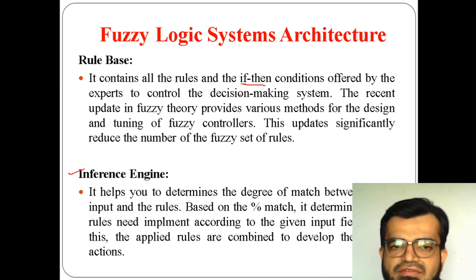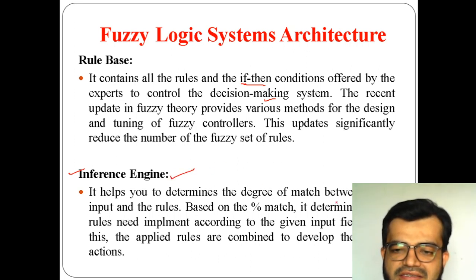So this if-then will be used to control the decision making system. That means how to decide, what to decide, what should be the output, what should be the action. All the set of actions will be decided by this. So these rules and the fuzzy input will act as input for the inference engine. Now, what is the role of the inference engine?